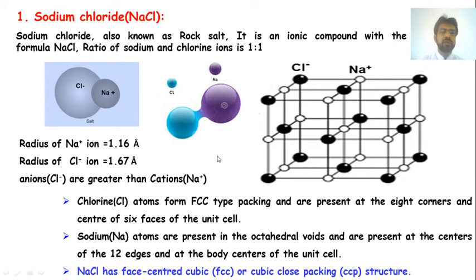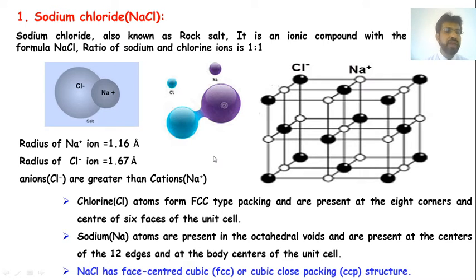Here, the radius of these ions plays a very important role during the formation of the structure of that material. So the position of these ions depends upon the size of the ion.